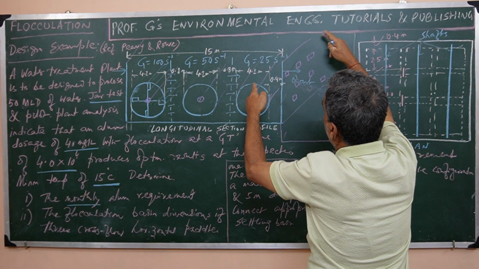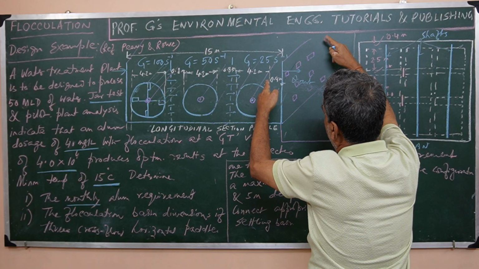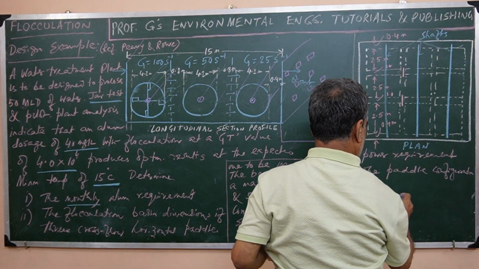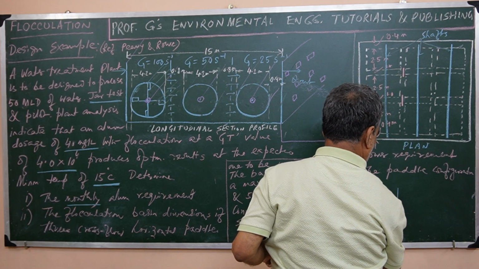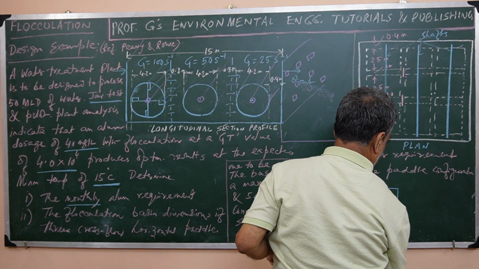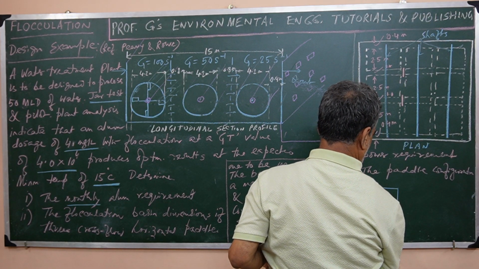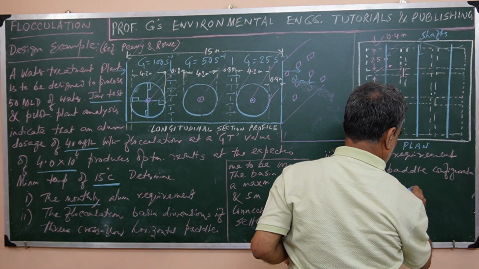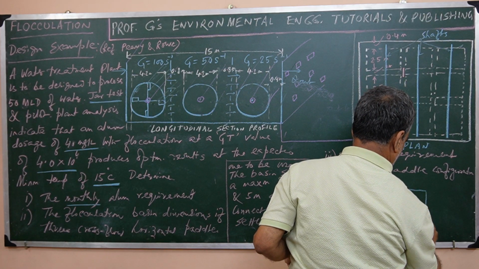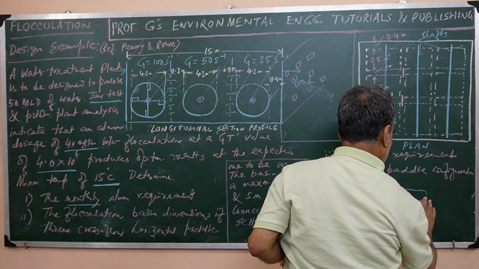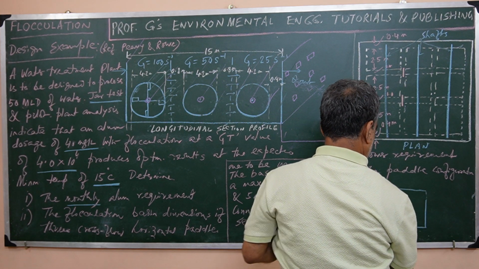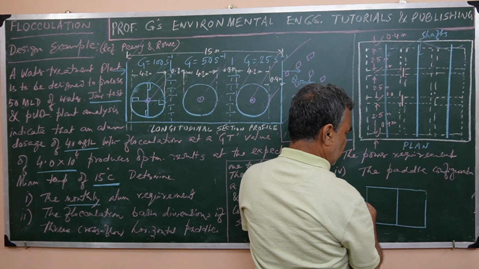Suppose I'm just trying to draw this here, the plan. So suppose this is the flocculation basin, and here this is the settling basin, with a common wall, right? The width and length may be different.